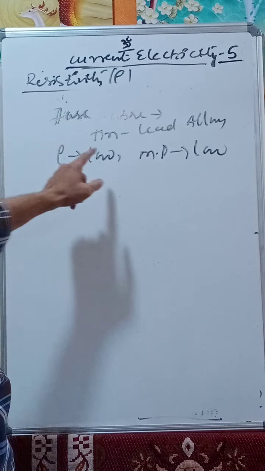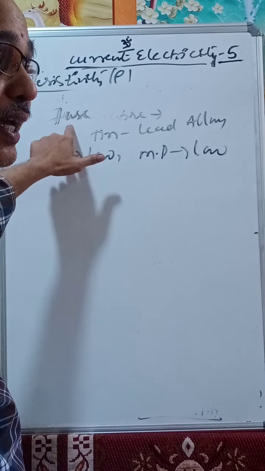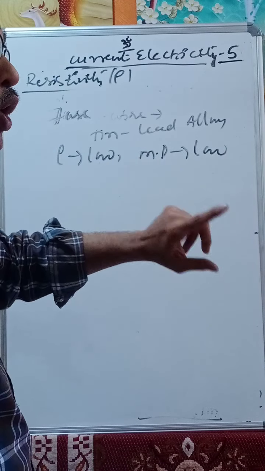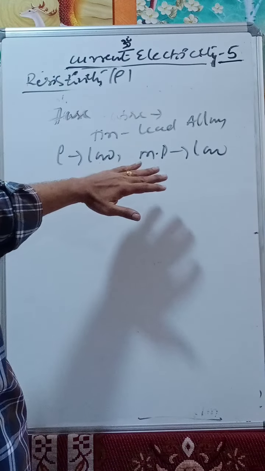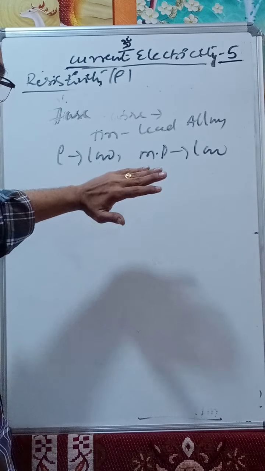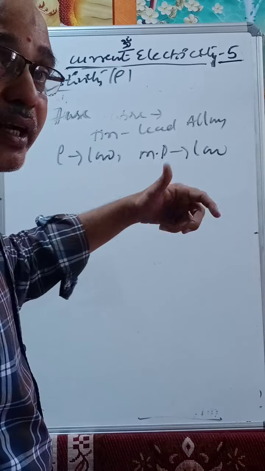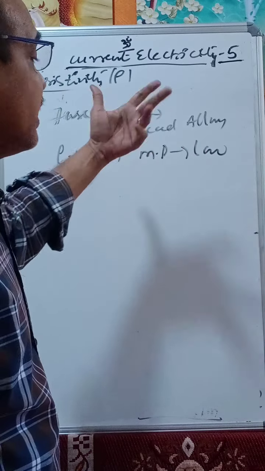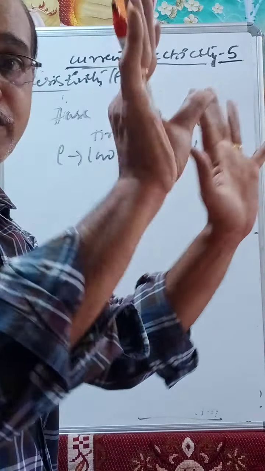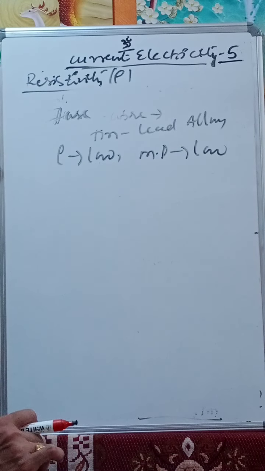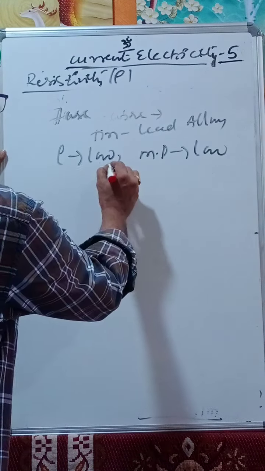Low resistivity means high current flows, more heat is generated, and then it automatically breaks off. Therefore, our house is safe.